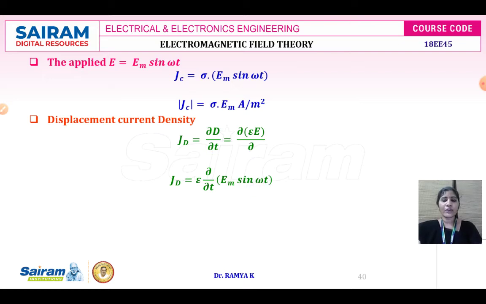Therefore, the magnitude of JD is epsilon omega Em. After differentiating, we get epsilon Em omega into cos omega t. If you write only the magnitude, we get JD is equal to epsilon omega Em.